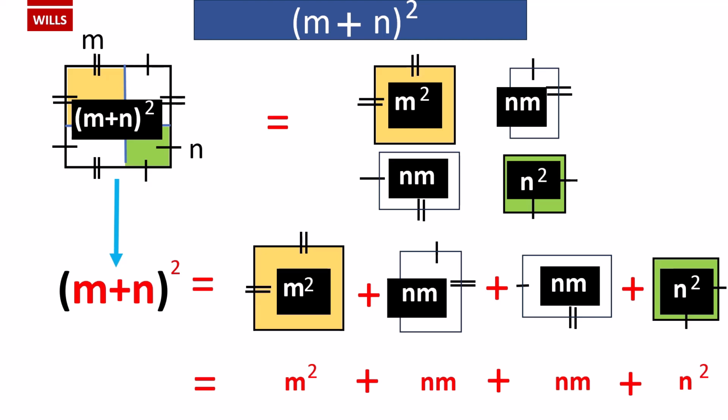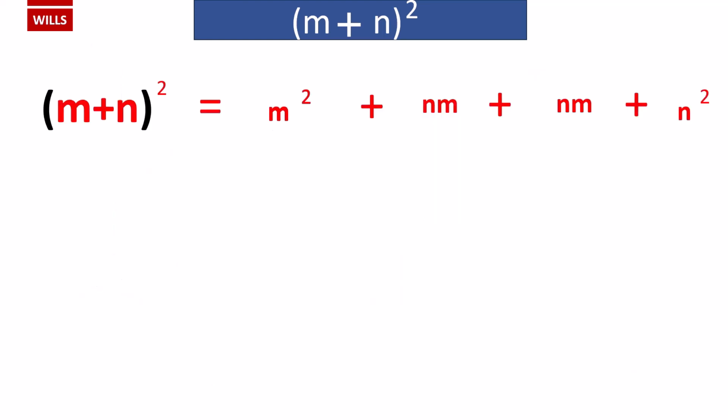So we have been able to pull our equation from the single shapes, that is the expansion of the bigger shape. Now m plus n all squared is equal to m squared plus nm plus nm plus n squared.